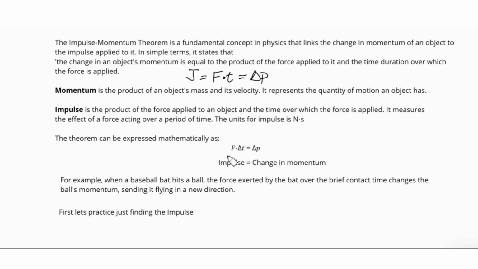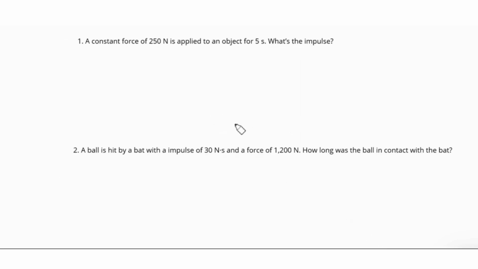And this equation right here is very powerful, and we'll be using it to determine final velocities, time of force applied, the quantity of force applied, etc. So let's just first do a couple of simple problems, just finding the impulse of a system.